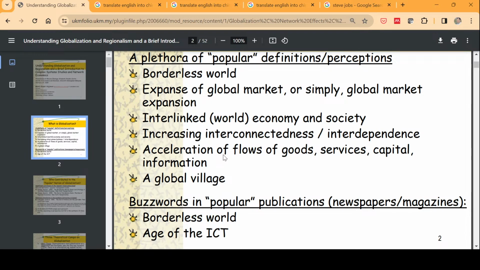So network. They also lock in, L-O-C-K, lock in.